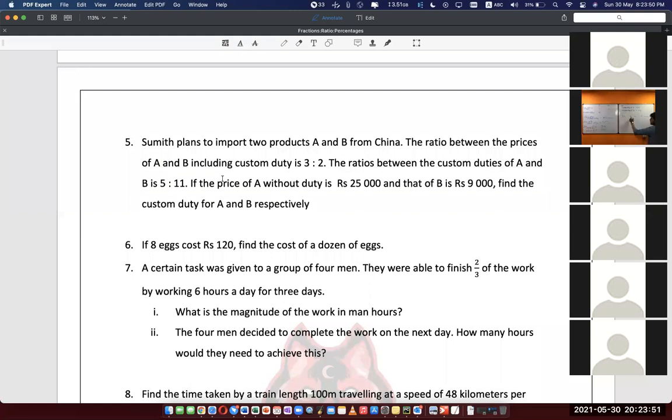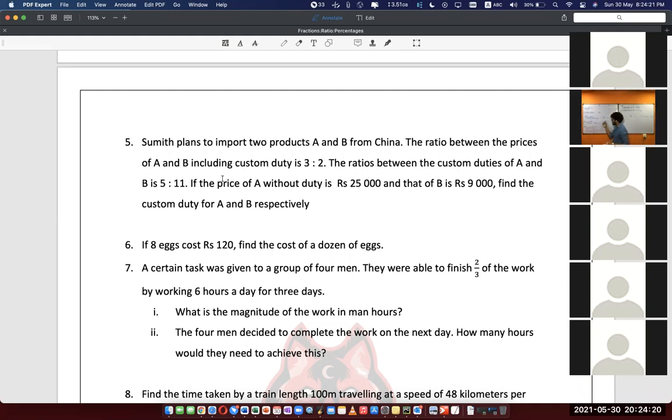I remove the custom duty, which is 5y. So 3x minus 5y means price of A with tax minus tax. That is going to give me price of A without tax, 25,000. So that is how I built this equation.